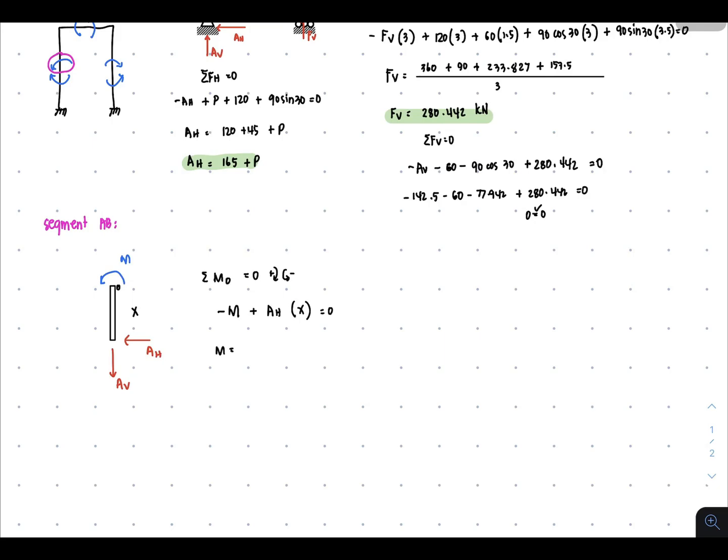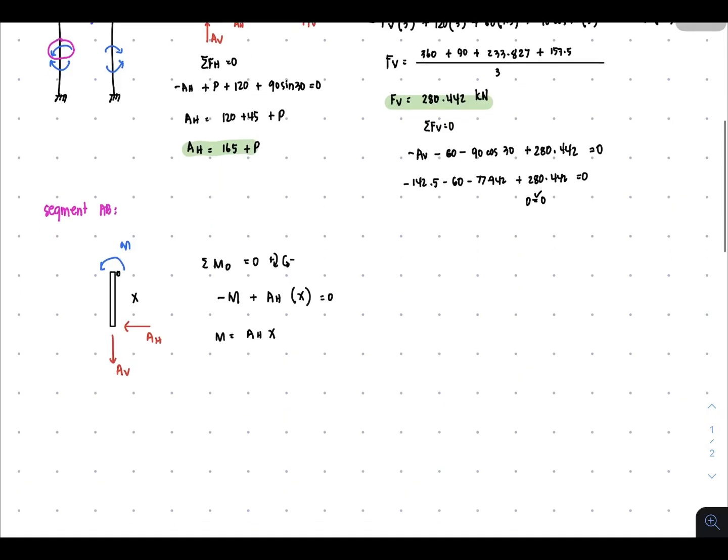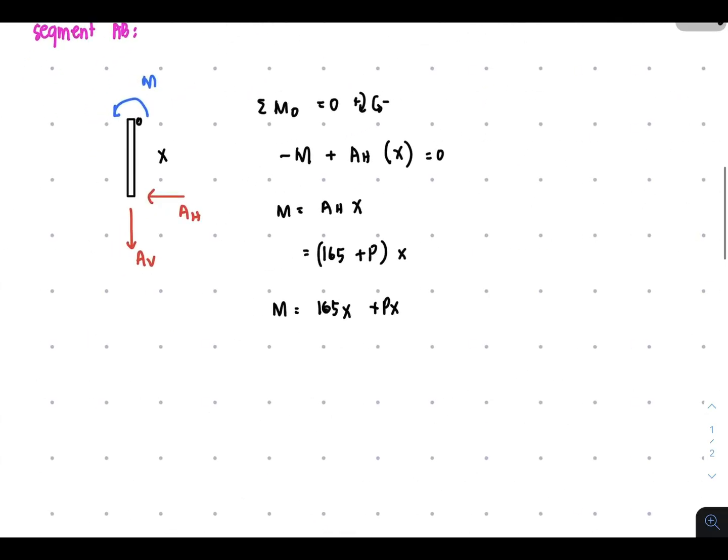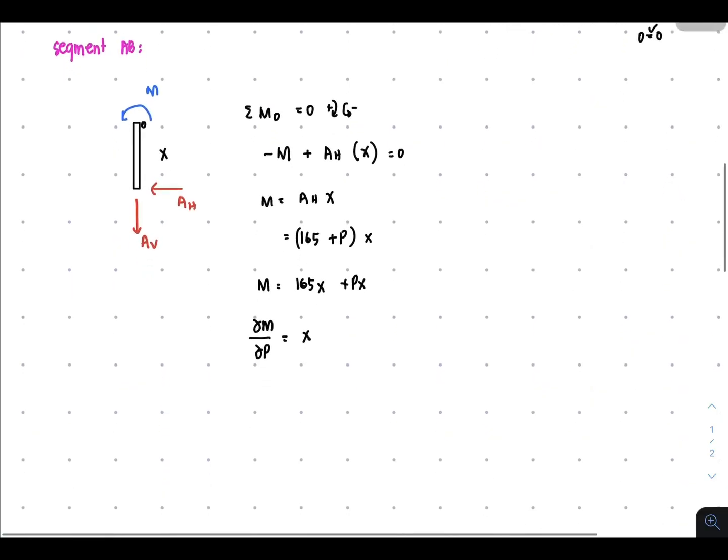So therefore, moment is equal to AH times X, where AH is equal to 165 plus P, times X. So the moment equation is 165x plus Px. And we have to get the partial derivative since this is Castigliano's second theorem. So it's going to be x.